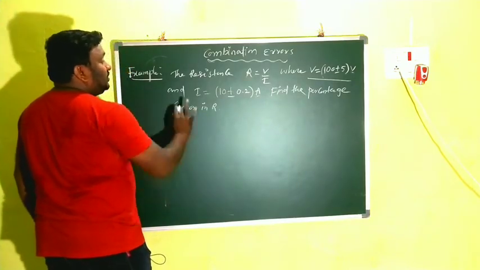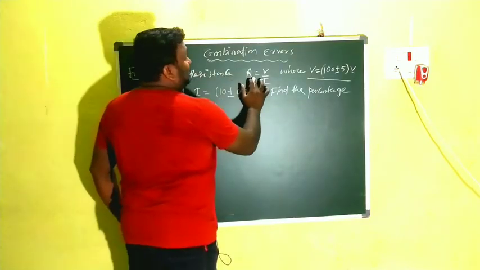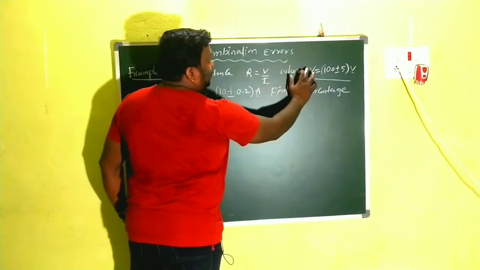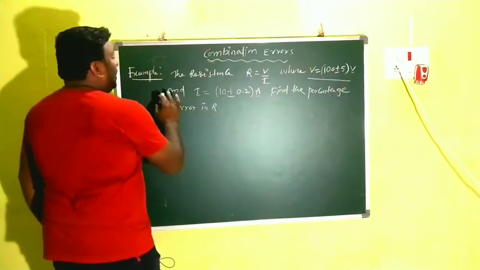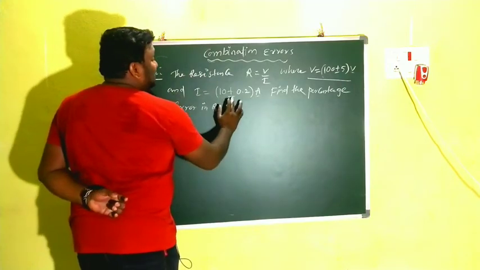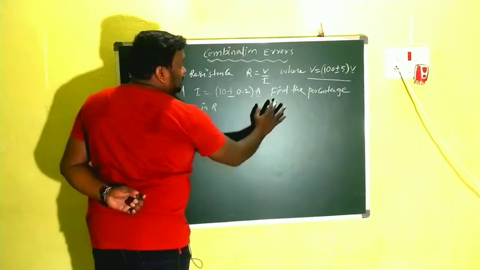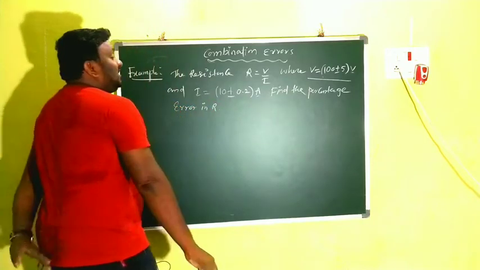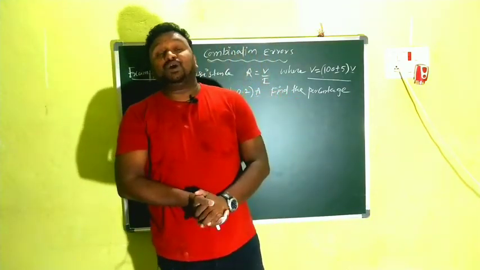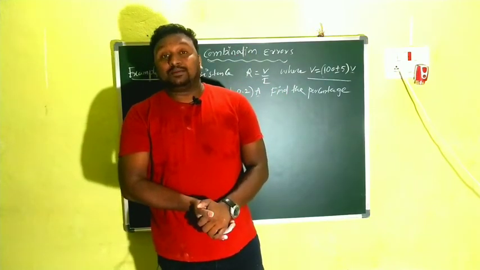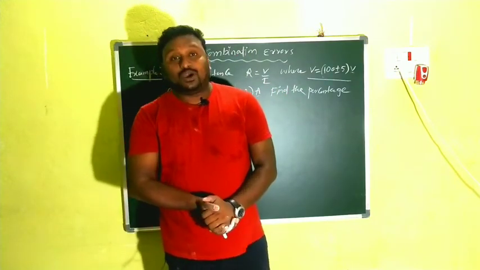This is the problem. The resistance R is equal to V by I, where V is equal to 100 plus or minus 5 volts and I is equal to 10 plus or minus 0.2 amperes. Find the percentage error in R. Clear, children? So in this case, what you have to find? Relative error percentage, or percentage of relative error.